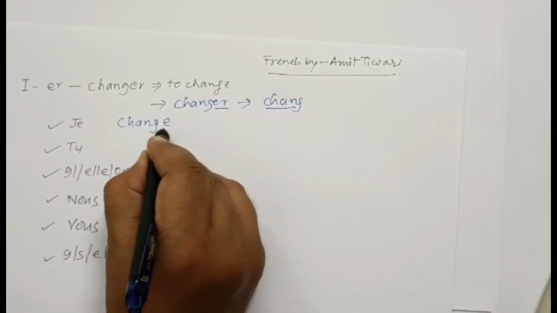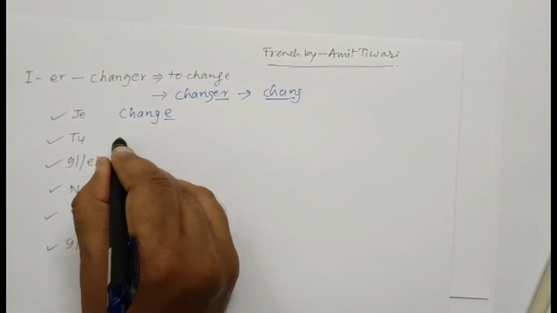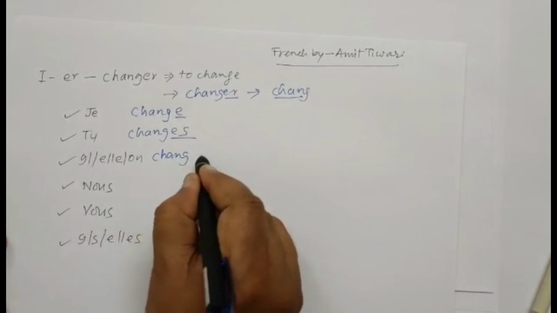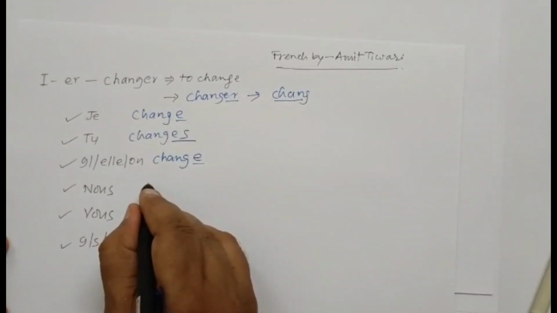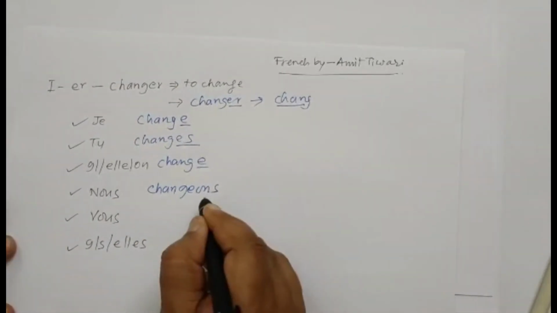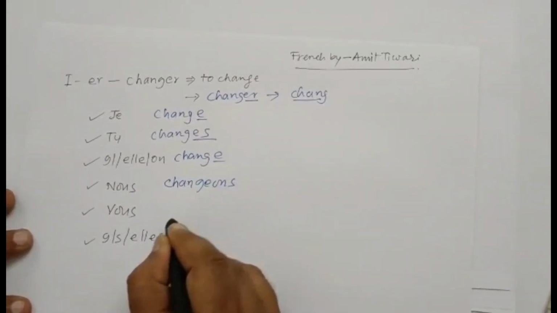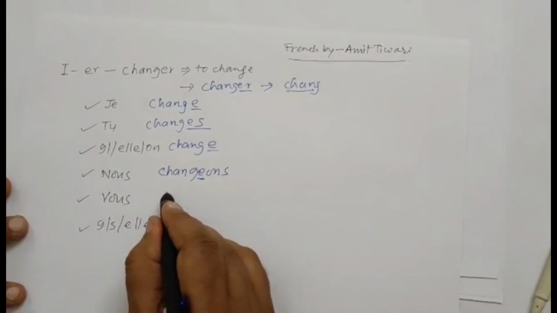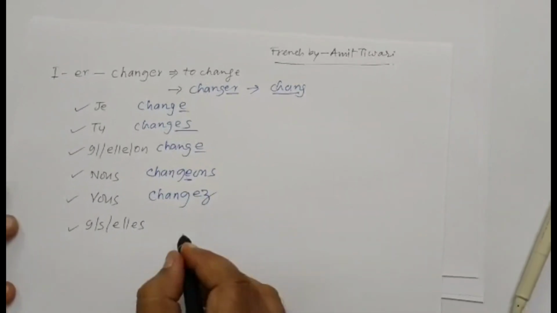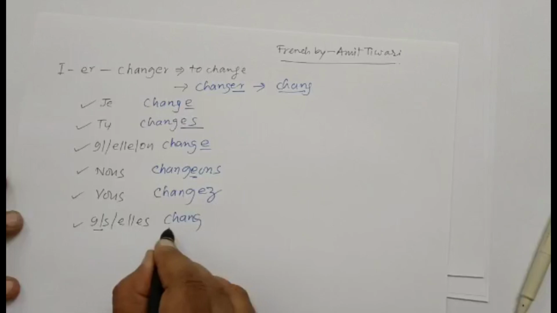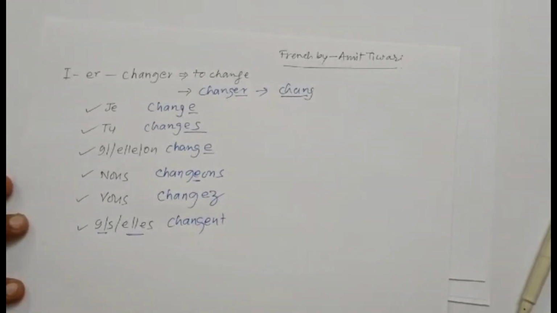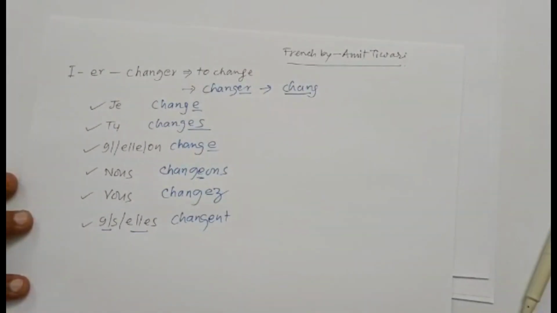Je change, with e added, tu changes, il change, nous changeons, here there will be an e additionally, vous changez. Il change, elle change.